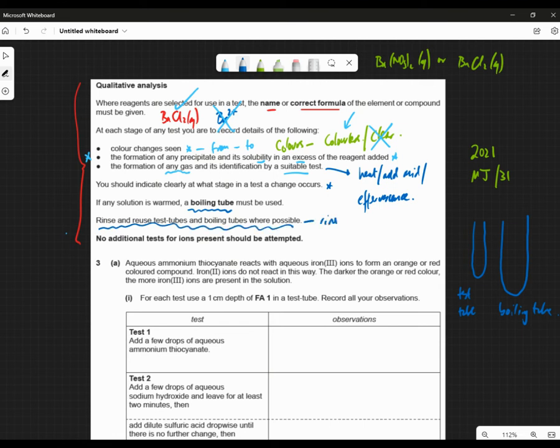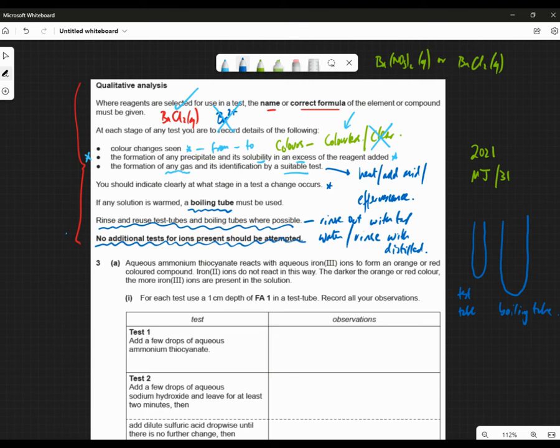First of all, you rinse out with tap water, and then after that, you use the final rinse with distilled water. And no additional tests for ions present should be attempted. You shouldn't do anything more.